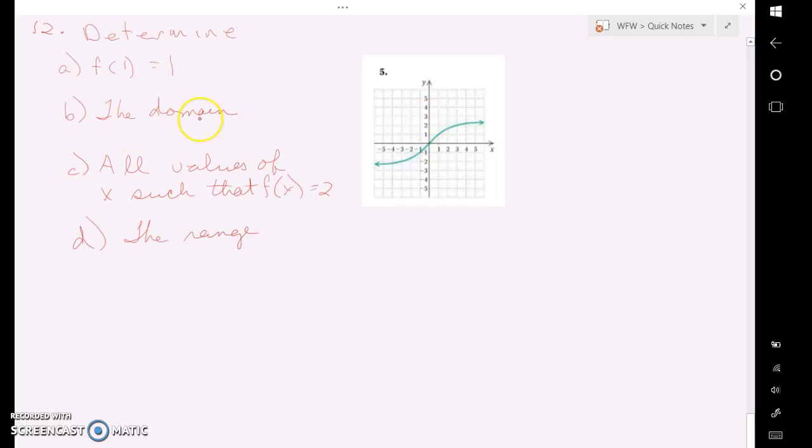But they don't ask us that, but just so you see. Okay, the domain is wherever x wanders. So as you can see, this line goes off to infinity to the left and off to infinity to the right. So x can be anywhere between negative infinity and infinity. All right, let's look for all values of x such that the function f of x is 2.